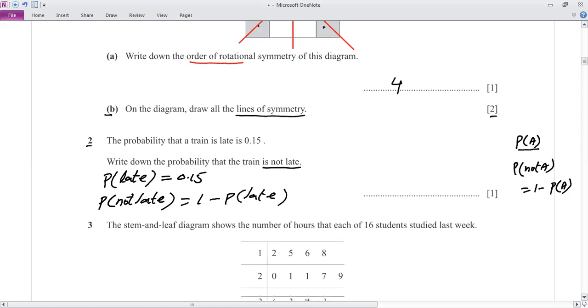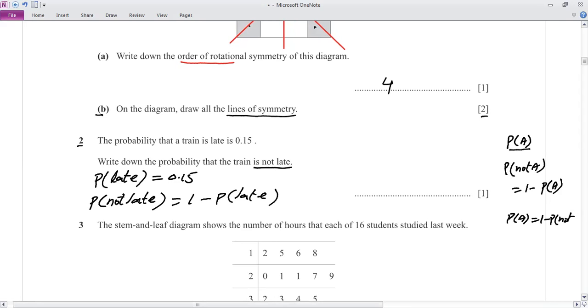If you have the probability of A and you want to find the probability of not A, it will be 1 minus the probability of A. In the same way, if you have the probability of not A and you want to find the probability of A, the probability of A will be 1 minus the probability of not A. So the same rule we use here also. It was given that the probability that the train will be late is 0.15.